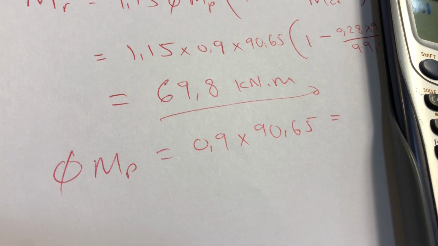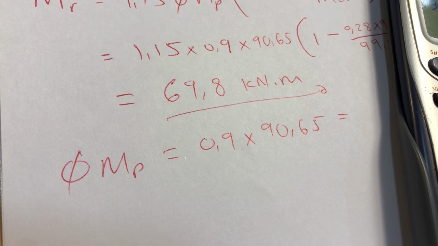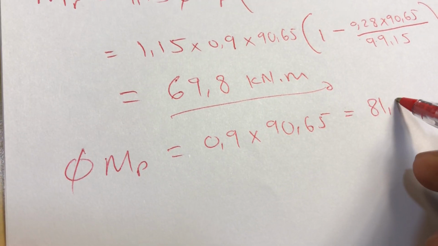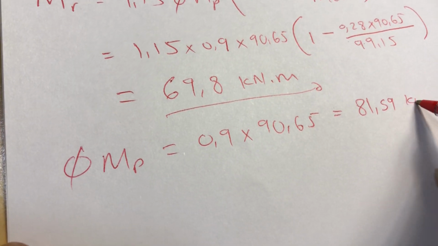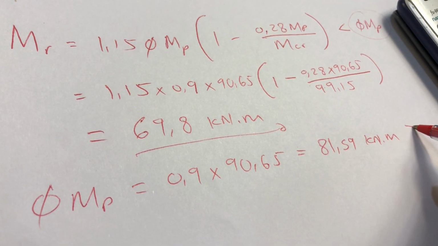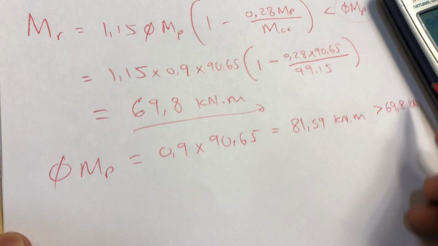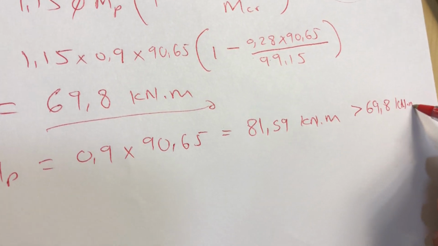Okay, 0.9 times 90.65 is 81.59 kilonewton per meter, which is greater than 69.8 kilonewton per meter.